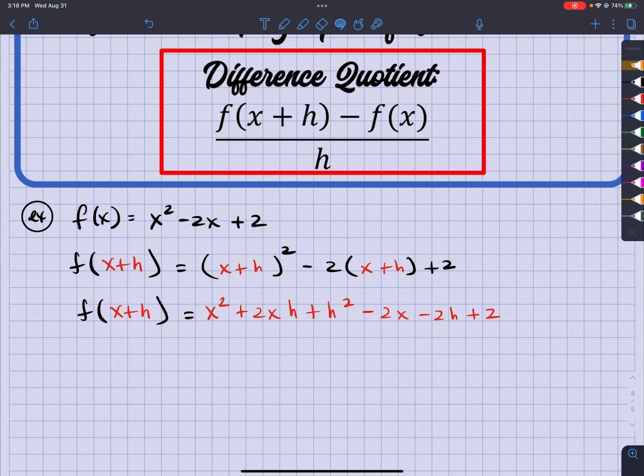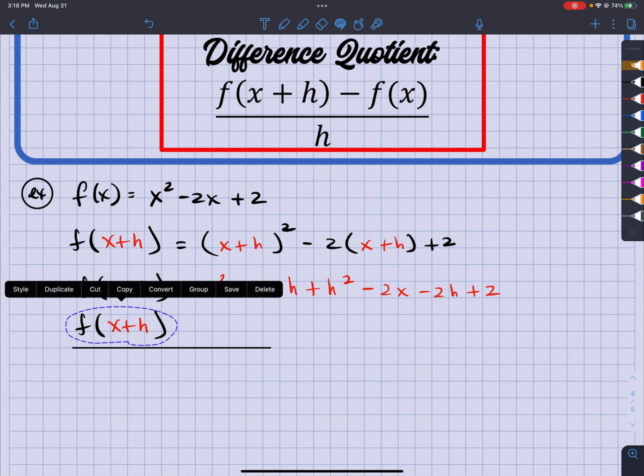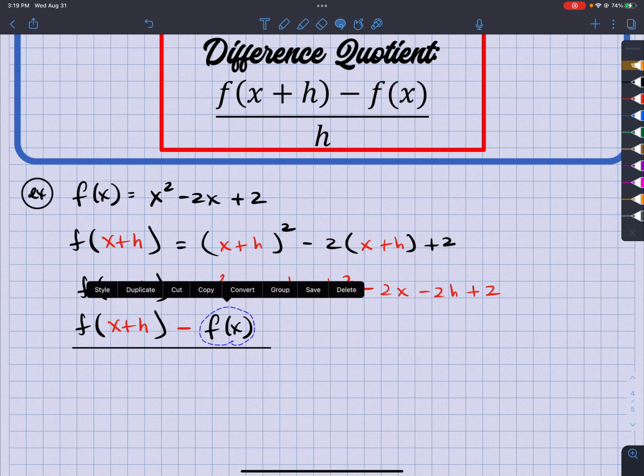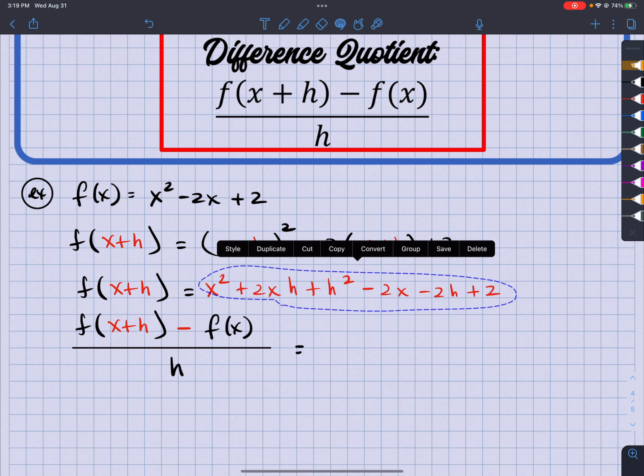So again, let's reiterate. For the difference quotient, I have this minus this, and then divided by h. So that would be this right here, which is the f of x plus h.